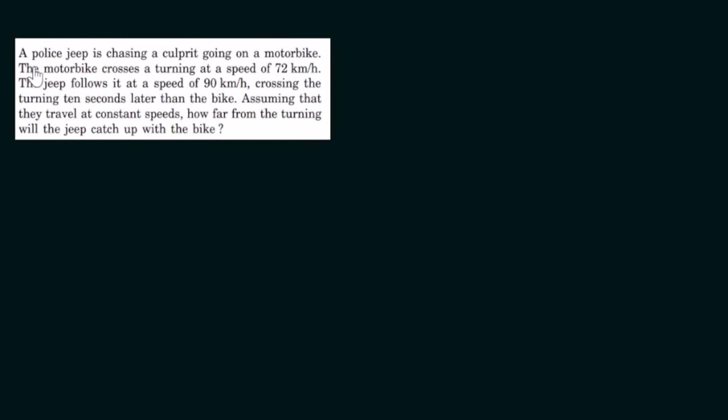Our next problem is from HC Verma. A police jeep is chasing a culprit going on a motorbike. The motorbike crosses a turning at a speed of 72 km per hour, which is 72 into 5 upon 18. So 18 fours are 72, 4 fives are 20 meter per second.